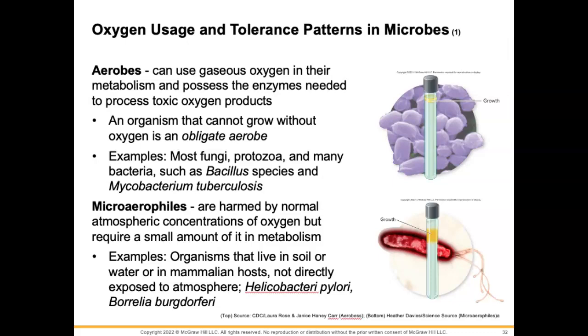Microaerophiles. Let's look at this word, see if we can kind of judge what it means. Micro being small, aero being oxygen, and then philes being the type. Okay, so microaerophiles are harmed by normal atmospheric concentrations of oxygen, but do require a little bit of oxygen in its metabolism.